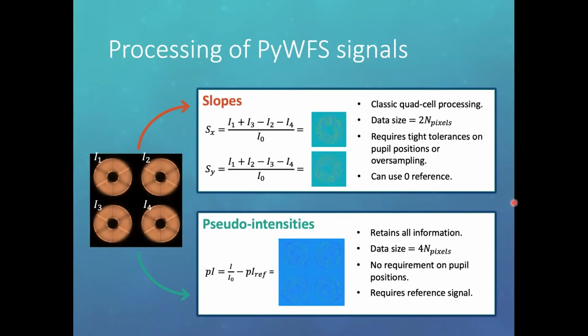However, the pseudo intensities don't have really any requirements on the position of the pupil images. Whereas the slopes, because you're combining those different pupil images, do require some tight tolerancing on the pupil positions or some oversampling. Otherwise, you're going to smear out information at high spatial frequencies.